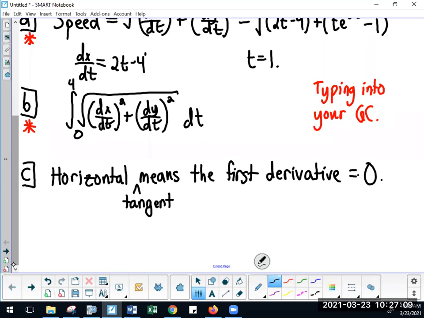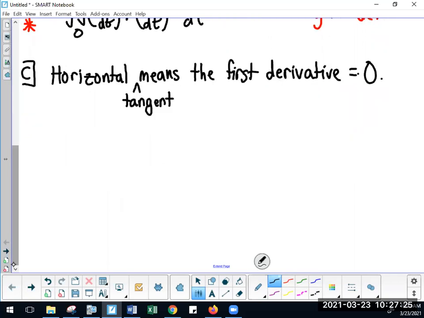Now, this is one of the confusing things that we should make sure we have clear in our heads when we are working with parametrics and vectors and polar. What is meant by first derivative? Dx dt is only the first derivative of the x, of the horizontal.